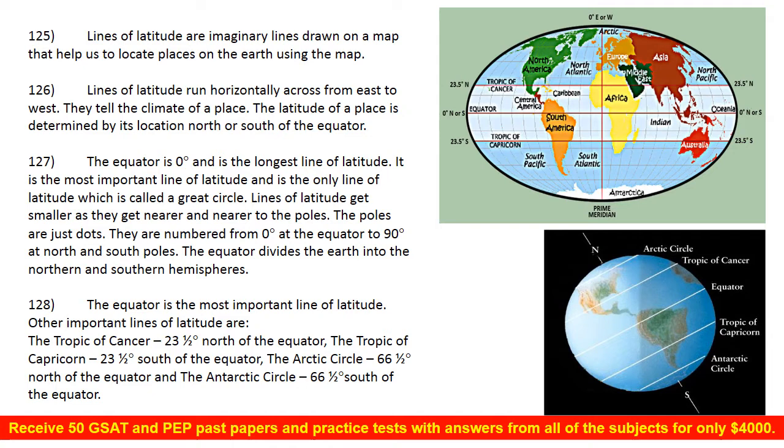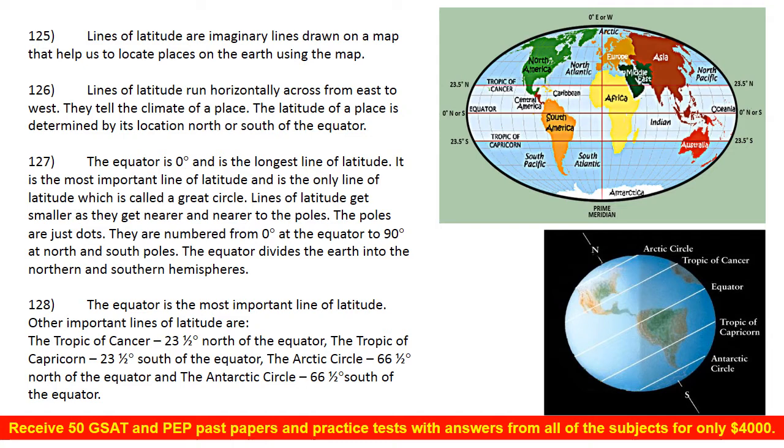The equator is 0 degrees and is the longest line of latitude. It is the most important line of latitude and is the only line of latitude which is called a great circle. Lines of latitude get smaller as they get nearer and nearer to the poles.